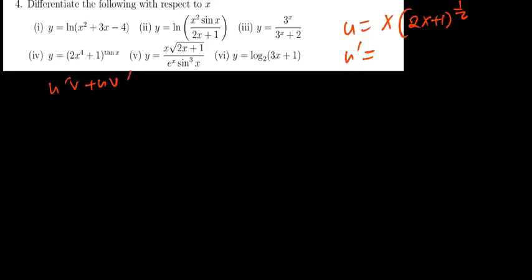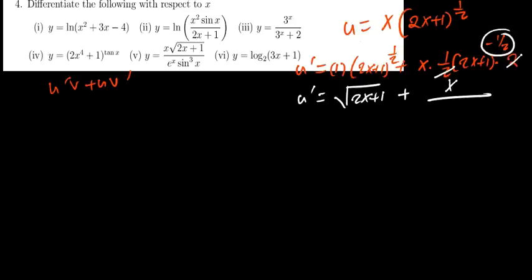But in this case, if you are used to this, it becomes so easy. We differentiate the first one, the derivative of x is 1, you keep this constant, plus you keep x constant, then you differentiate this one now. The derivative of this, you drop the power, use chain rule, you keep this constant, then the power reduces by 1, which is going to be negative half, times the derivative of what is inside, which is 2.